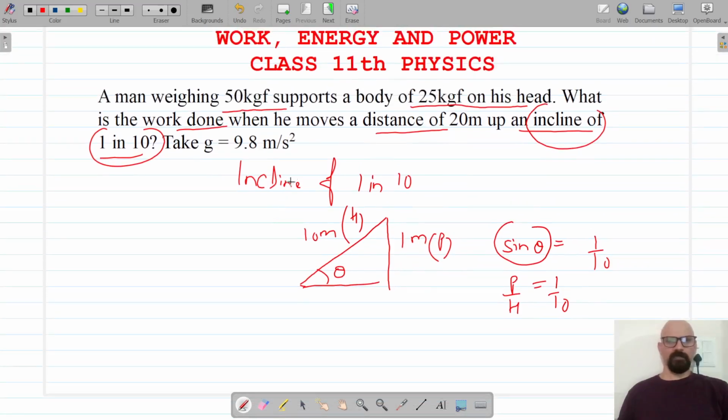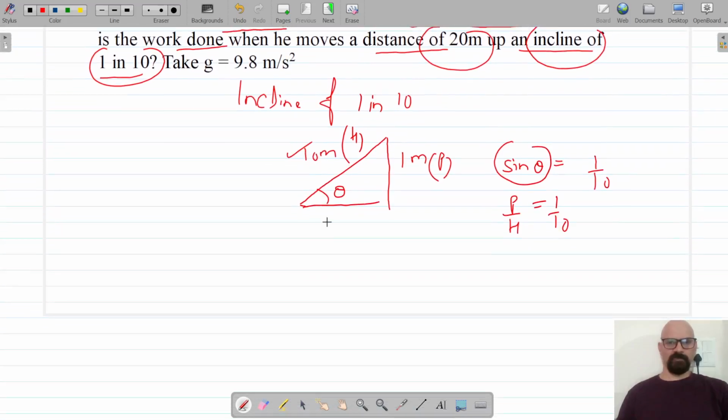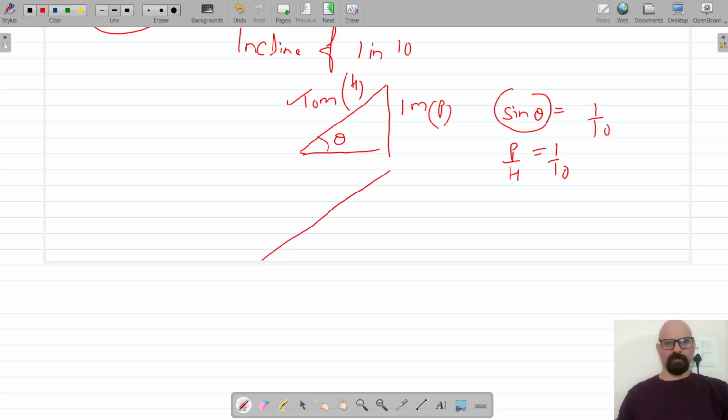Now it's given that he moves a distance of 20 meters on the inclined plane. So what should be the vertical distance covered on that same inclined plane? Here sine theta is equal to P by H, where P is the perpendicular and H is 20.